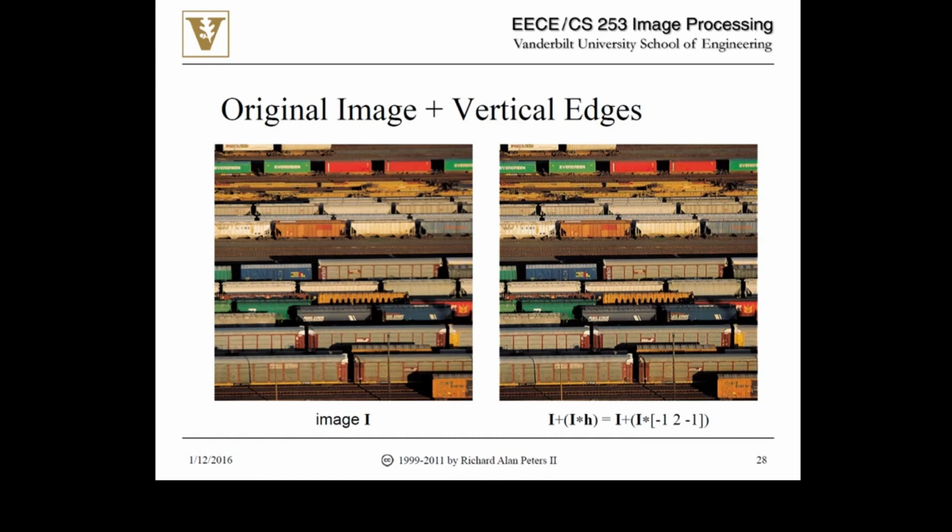You are adding your edges to the original image, so now we see the edges better. We could also modulate the edge with a factor alpha, so that we don't have to add the full edge, but can add 0.1 of the edge, or 0.2, or whatever.